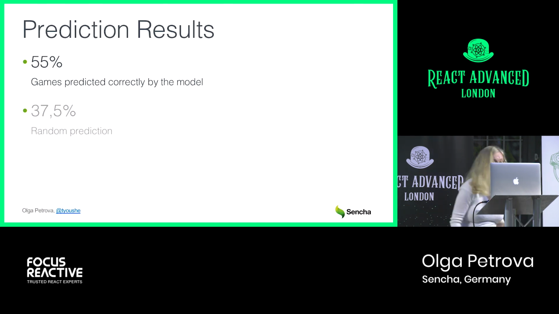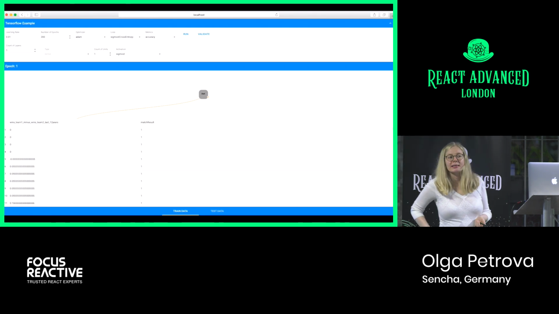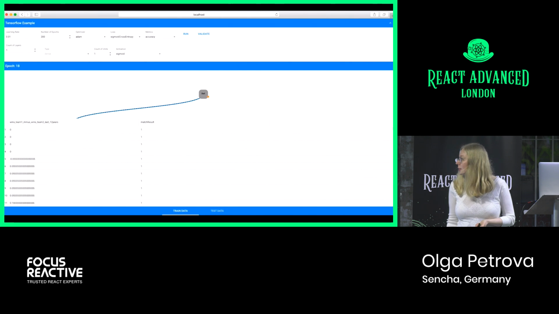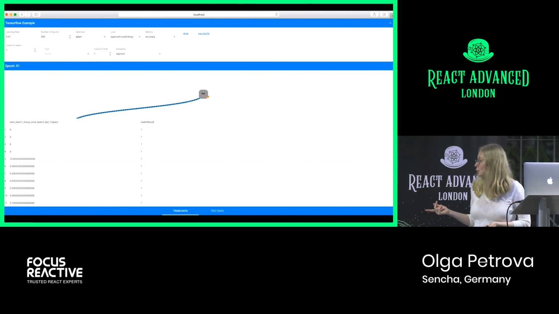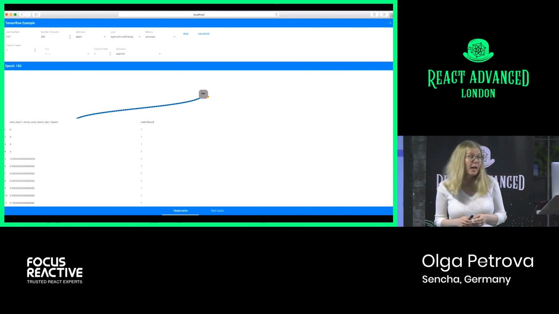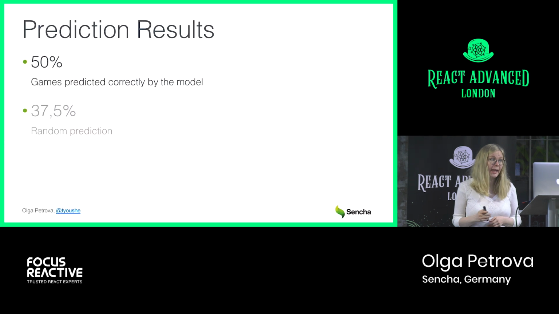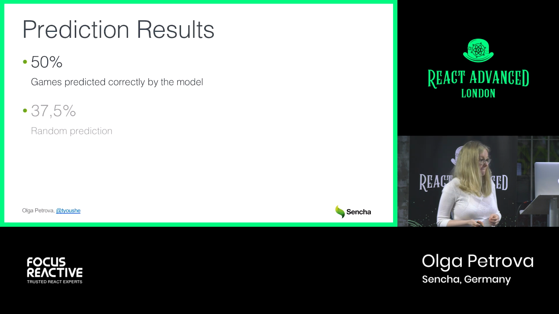The result was a bit worse. Then I said, wow, maybe I can use the simplest model with only 1 feature. And I used previous wins count for team 1 minus previous wins count for team 2 in the last 12 years. And actually, this model worked not so badly, and it predicted correctly 50% of all games.